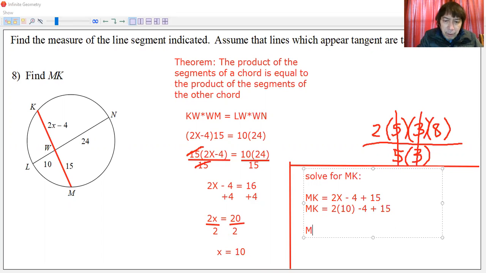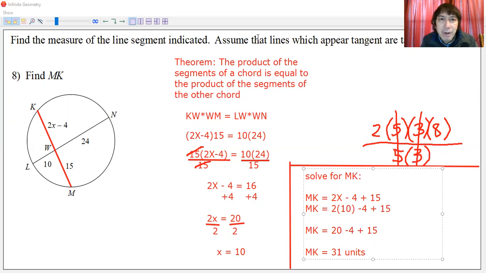MK is equal to 20 minus 4 plus 15. That's 16, and 16 plus 15 is 31. So MK is equivalent to 31 units. That's our final answer. Our final answer is 31.